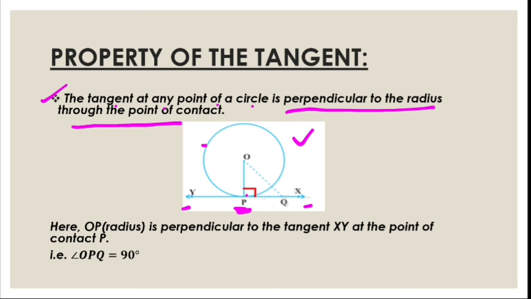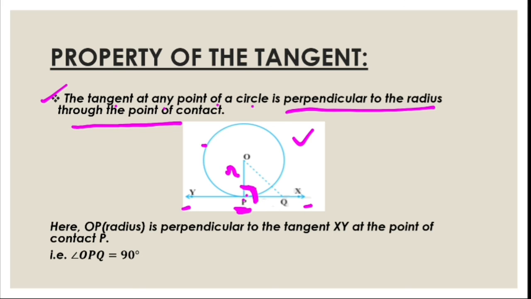Now this theorem states that if you join O and P, this OP will be the radius, right? So this theorem states that OP will be perpendicular to the tangent XY at the point P. Okay, this radius OP will be perpendicular to XY at the point of contact P. That means angle OPX or angle OPQ will be 90 degrees.